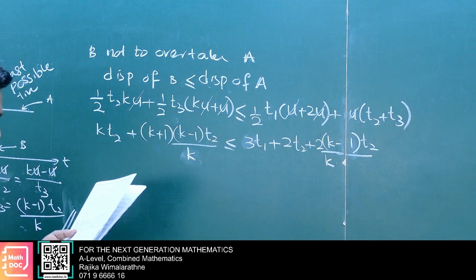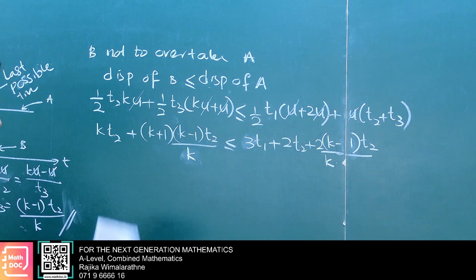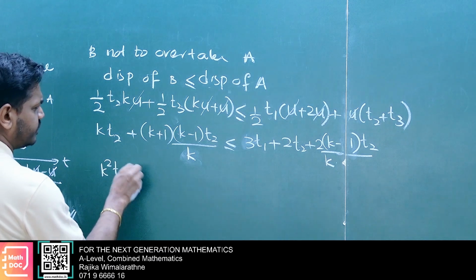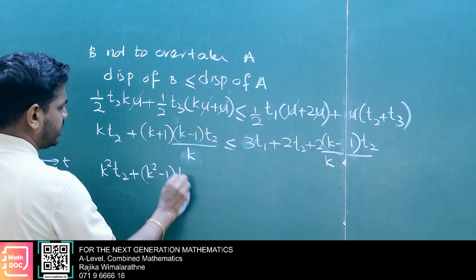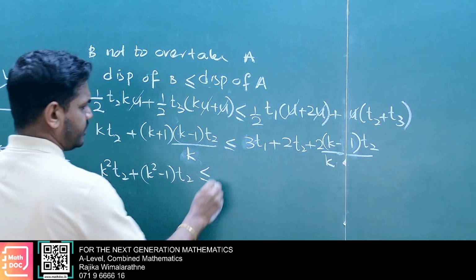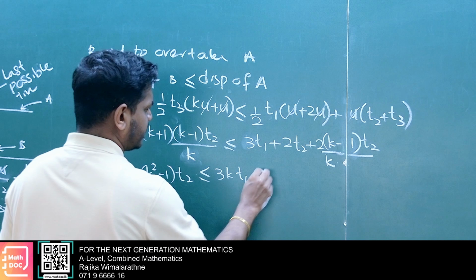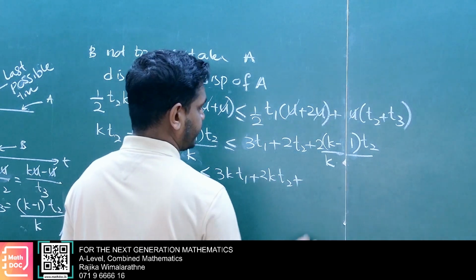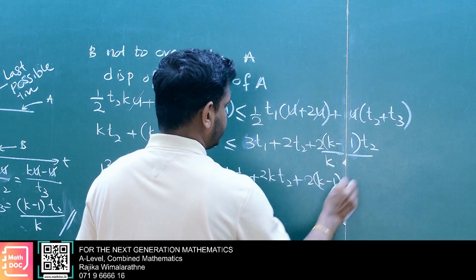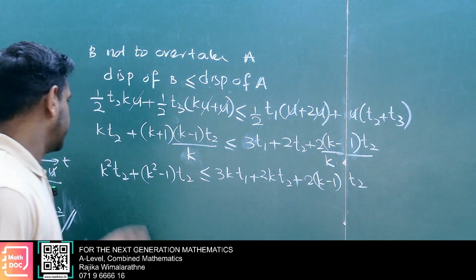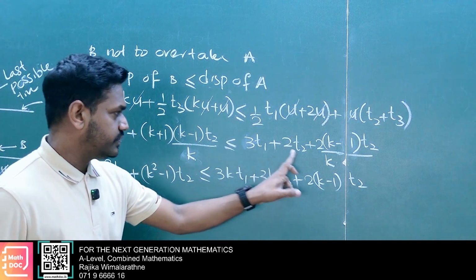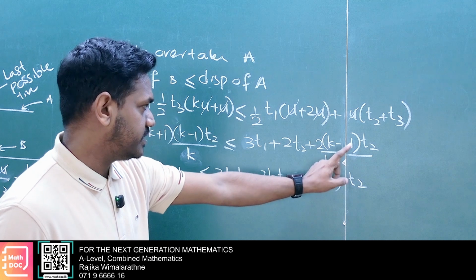Now we have to simplify this. Multiply by K: K square T2, K square minus 1 T2, 3K T1, 2K T2, 2K minus 1 T2. Okay, no?